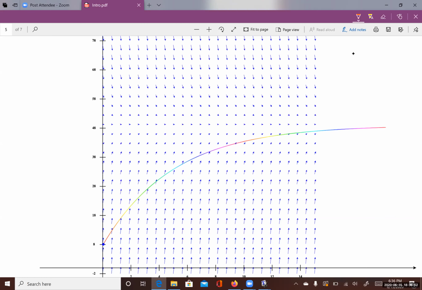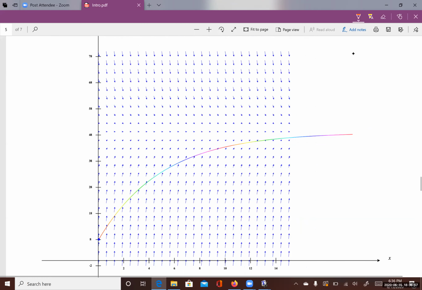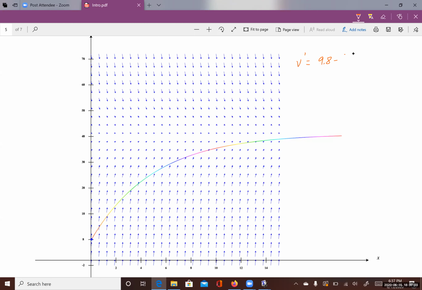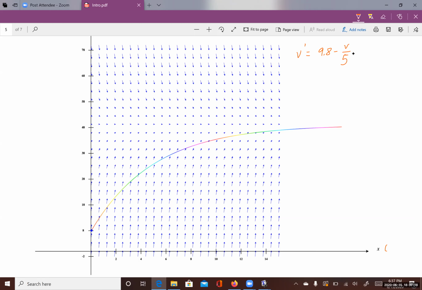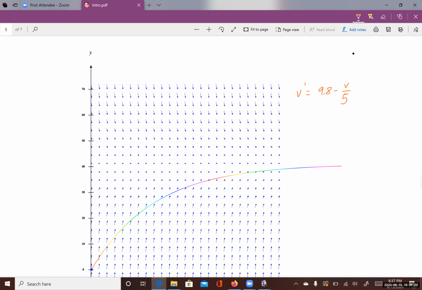And this is the slope field or direction field of the equation that we are looking at right now, v prime equals 9.8 minus v divided by 5. In this case, this is t, and in this case, this is v.